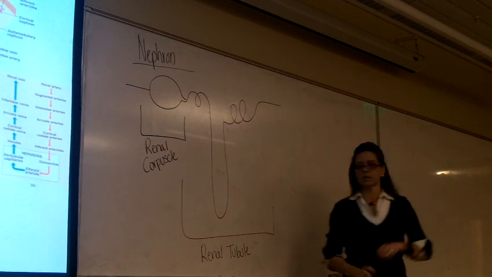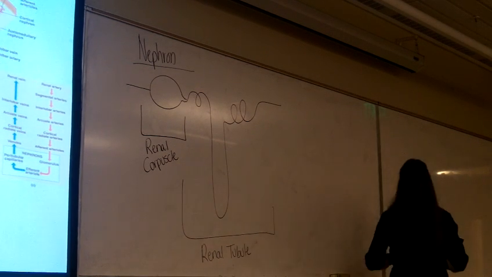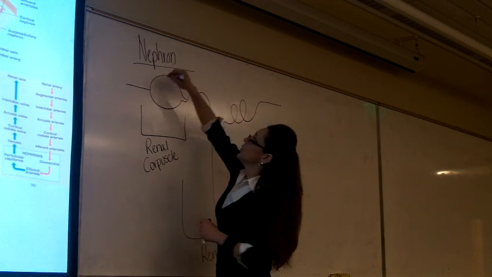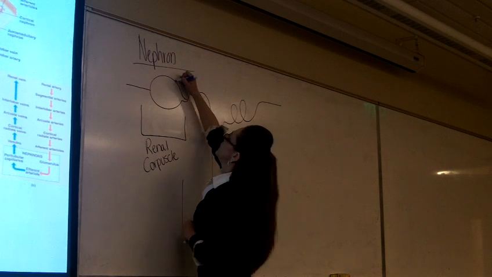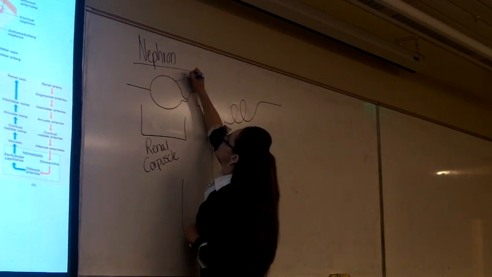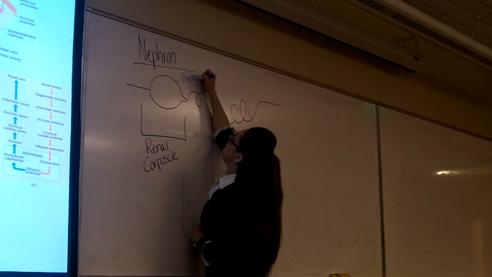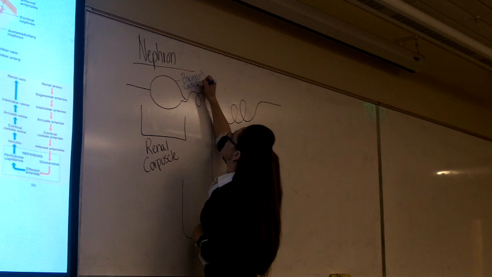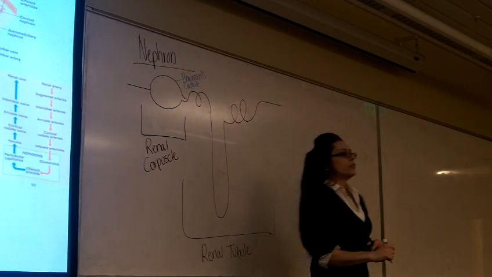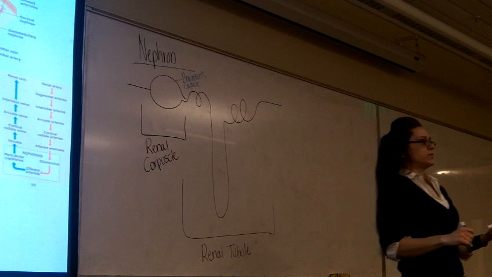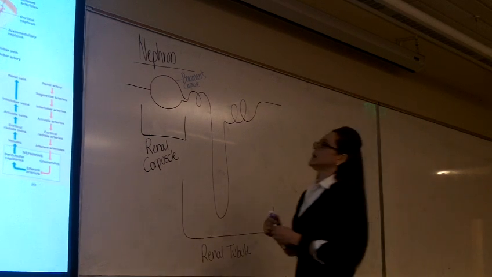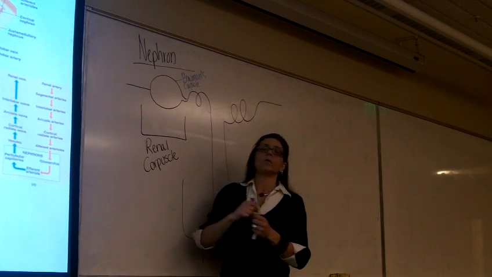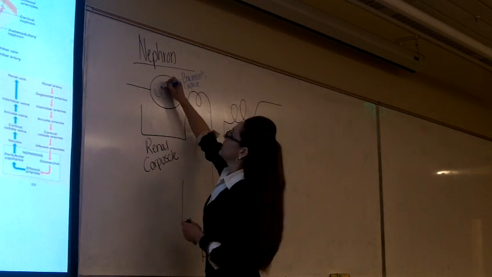Now, the renal corpuscle has different parts to it. The renal corpuscle consists of this hollow ball here, which is called Bowman's capsule, or you'll also see it referred to as the glomerular capsule. Same thing. And again, this is like a hollow ball. If you look inside of that ball, there's going to be a mass of capillaries in here.